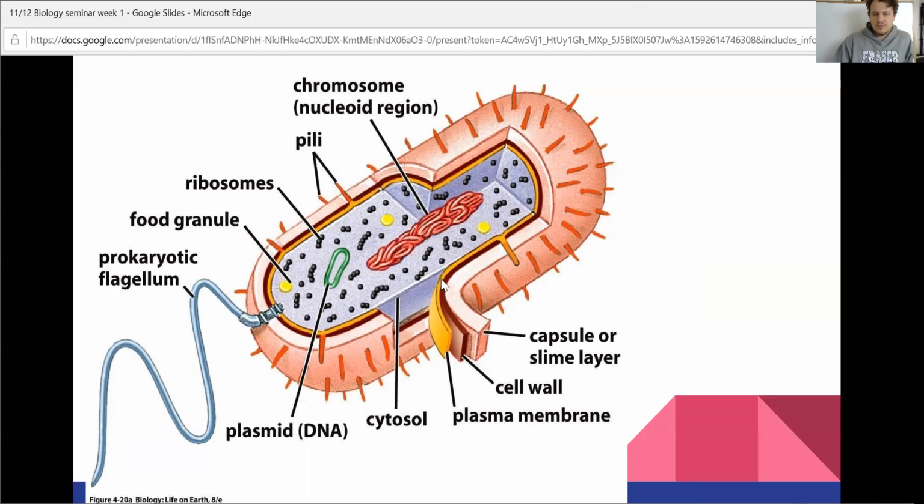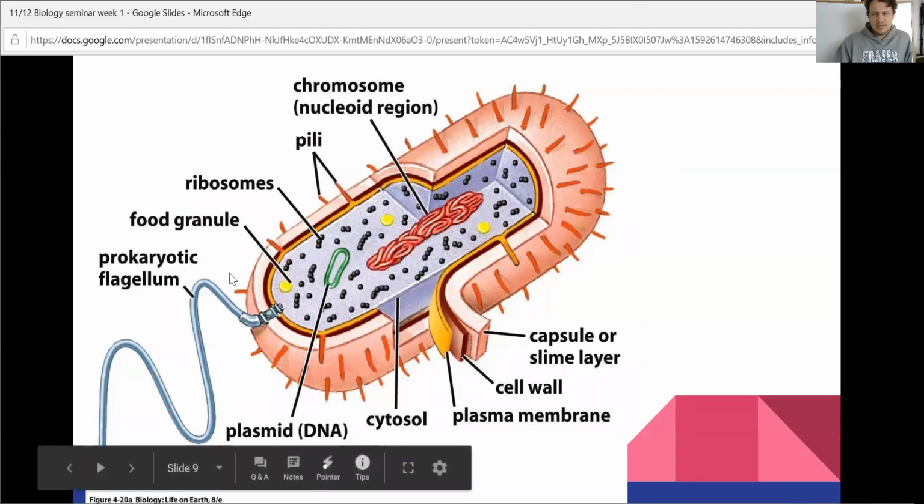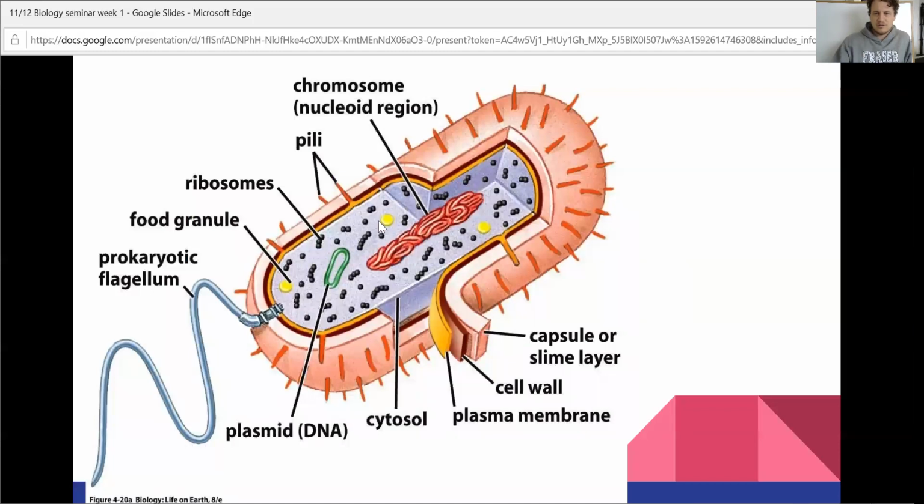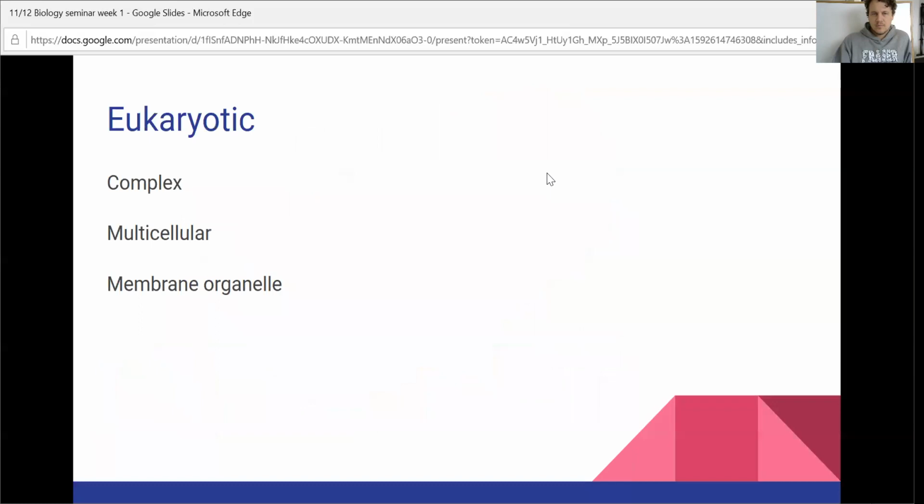They've got the cytosol and these plasmids of circular DNA. They also have these flagellum. If you put bacteria into a solution, you can watch them swim around under a microscope. So again, we just discussed that.